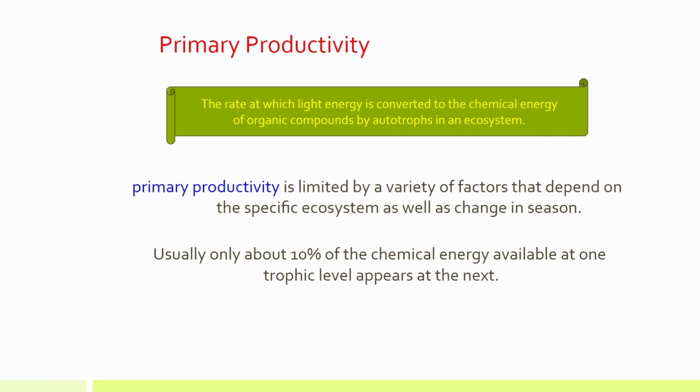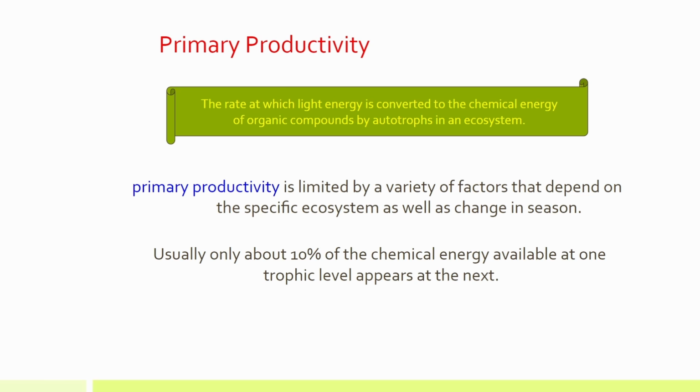And that's generally because of primary productivity, which is the rate at which light energy is converted to the chemical energy of organic compounds, specifically by autotrophs in an ecosystem. And it's limited by a variety of factors that depend on specific ecosystems as well as changes in the season. But what we see is that primary productivity is not 100% efficient.